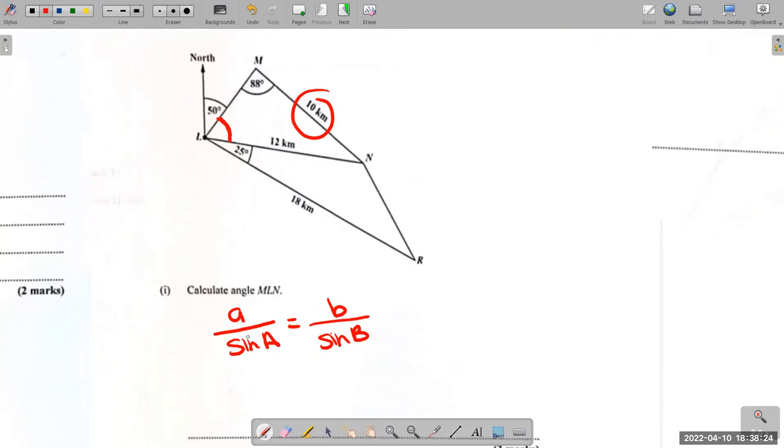It's always the side over sine the angle. So what is the side? 12 over sine 88. Everybody agree? Please get your calculators ready. Next one, do we have sine B? Yes, because it's going to be 10 over sine B.